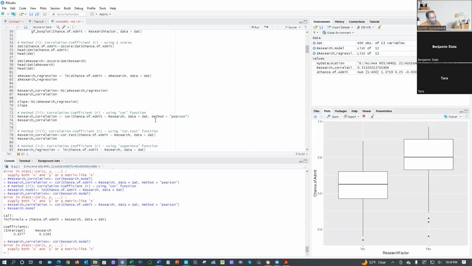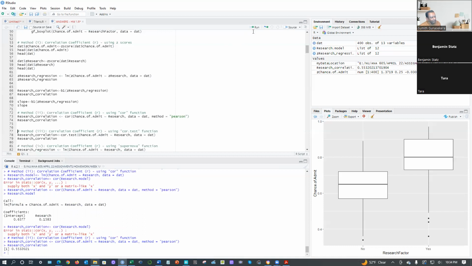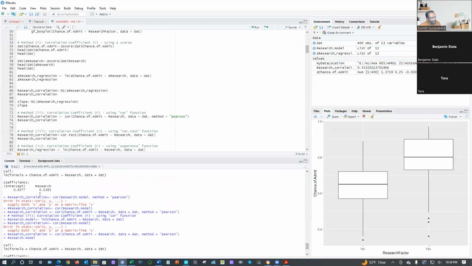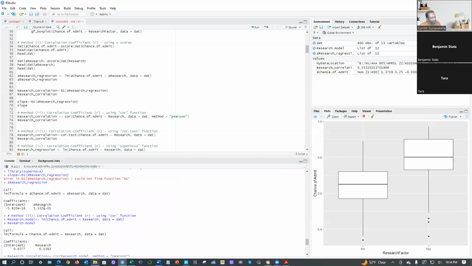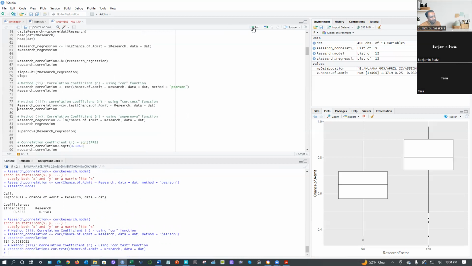If you need the research correlation one shot, you have to put that inside this format. Okay, that's the same answer as this one, not this one. So you can use what? Code test.